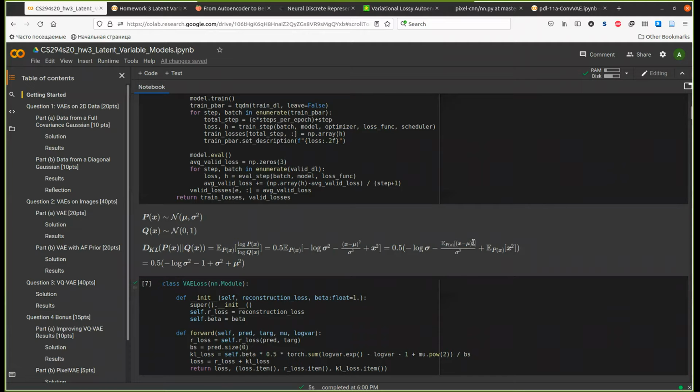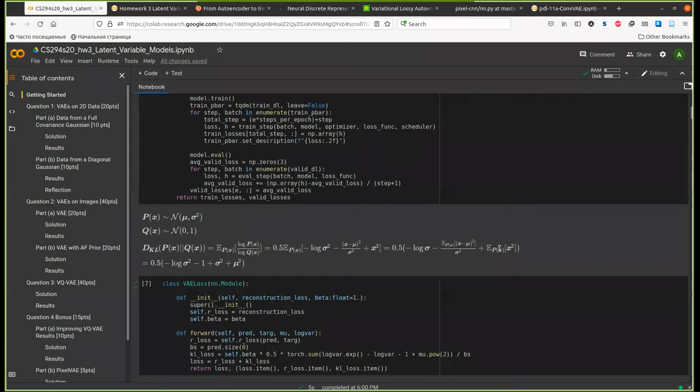As you can see, this expectation of the squared difference between the data and the mean is a variance, right? So we have variance divided by variance, which gives us 1 here. And in this part, you see the expectation of x squared. As you remember, the variance is equal to the expectation of the square minus the square of the expectation.